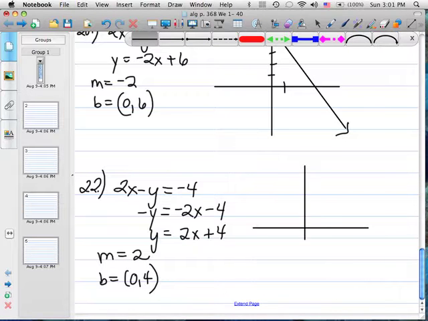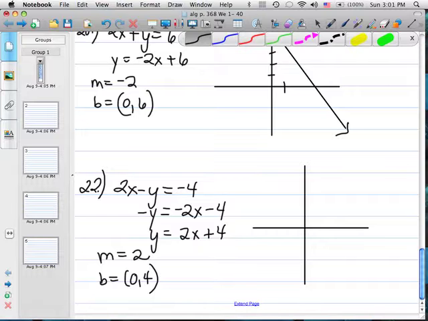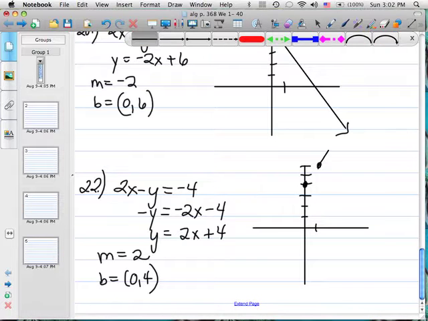Graphing the equation for that line, plot 0, 4. And the slope is 2, that means up 2, right 1. And we connect that in a straight line.